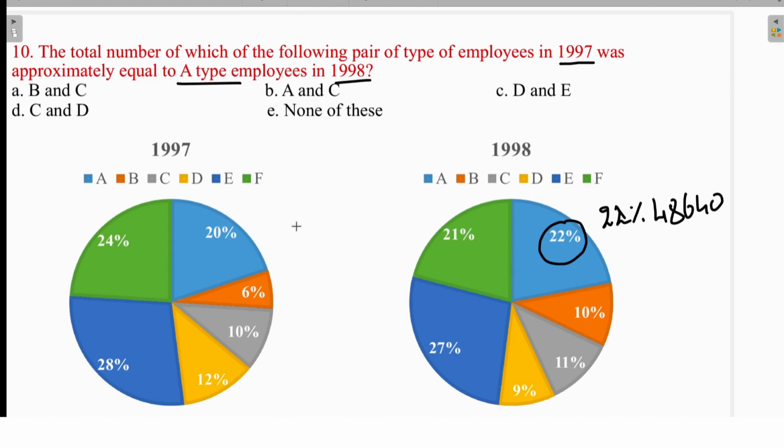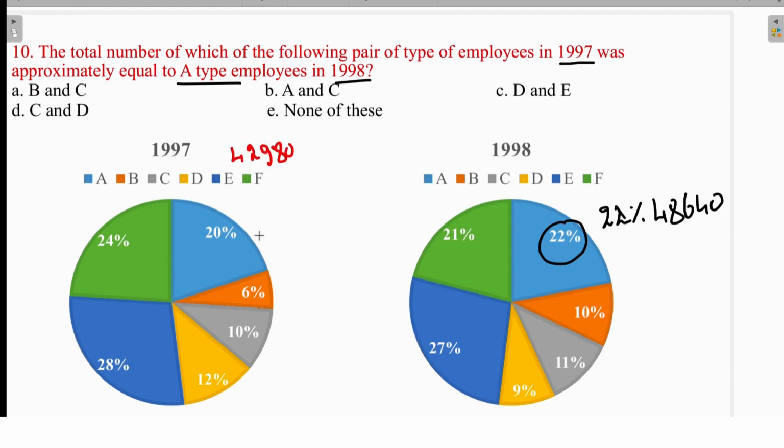The best method to solve this question is to take the options and verify, instead of calculating everything. 22 percentage of this number will be 42,980.